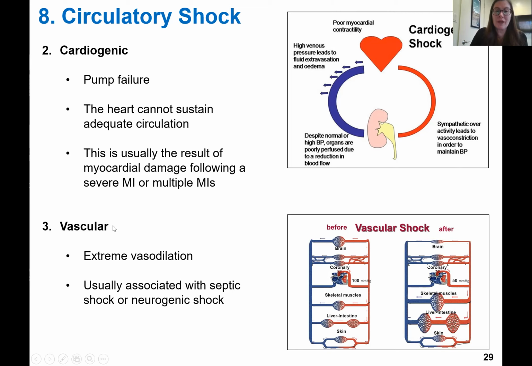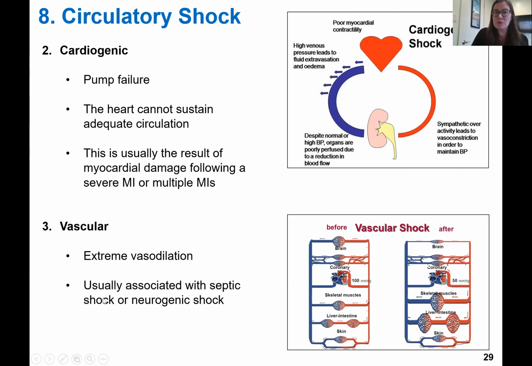Vascular shock is when the blood vessels are not doing their appropriate thing. So you can get extreme vasodilation, so before you have the appropriate amount of blood pressure feeding all of the different tissues well. When you have vascular shock, you get extreme vasodilation in a lot of areas all at the same time, and consequently, you don't get enough blood pressure to the brain and the heart and a lot of the tissues.